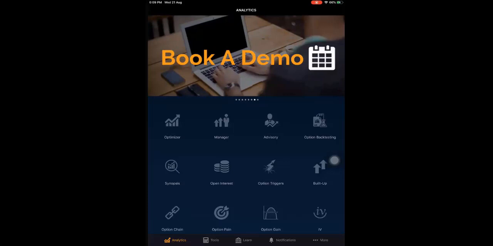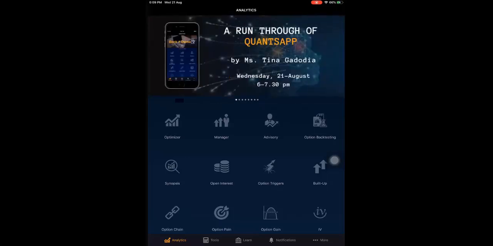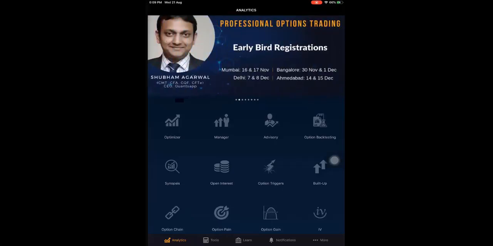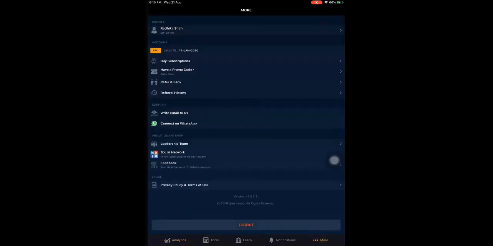So just to be on the same page, we should be having the latest version of Quantsapp in both iOS and Android. The version which is currently live in iOS is 1.3.5, whereas in Android the version is 1.0.45 bracket 50. To know where you can see this, you can go to More.